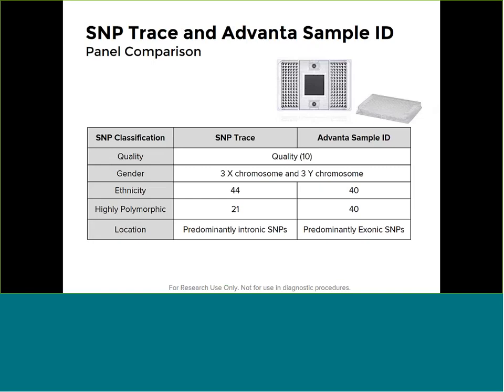Both panels have about the same number of ethnicity SNPs, but the Advanta Sample ID panel has nearly double the polymorphic SNP targets, and it contains SNPs predominantly, as I already mentioned, located in exons, which support whole exome and even RNA sequencing applications. Both panels also contain many SNPs that are common in microarrays.